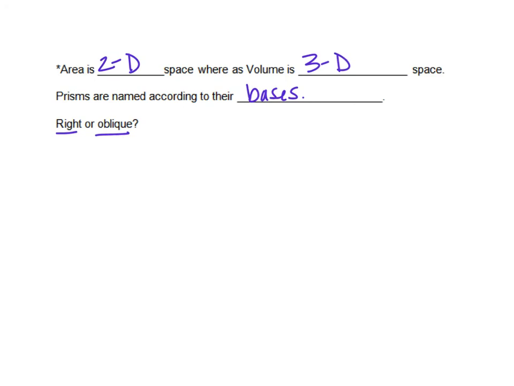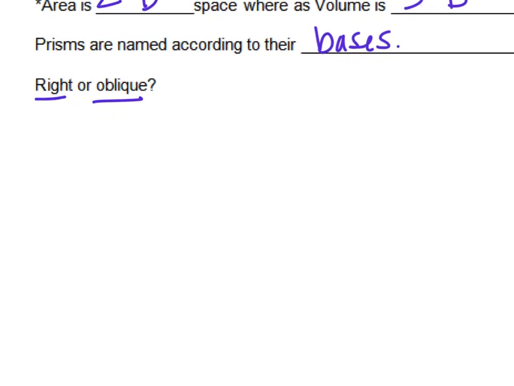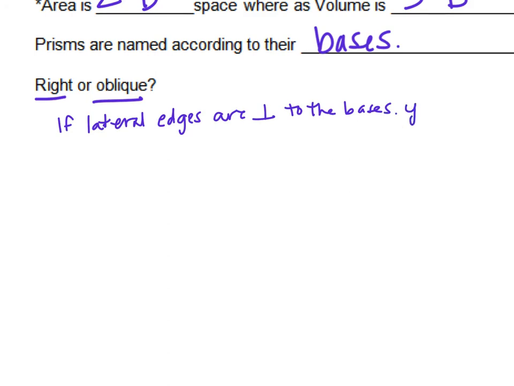So I'm going to try to zoom in and see if I can improve my handwriting. Okay, so if lateral edges are perpendicular to the bases, you have a right prism.